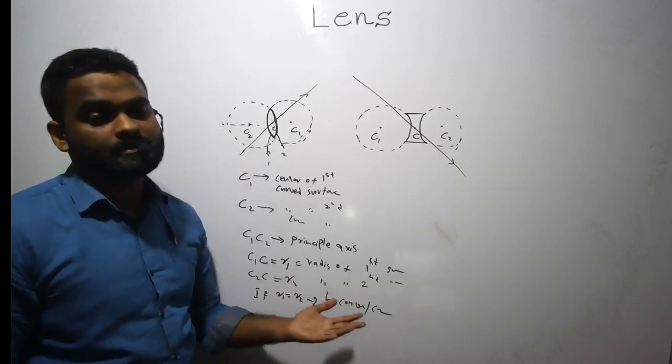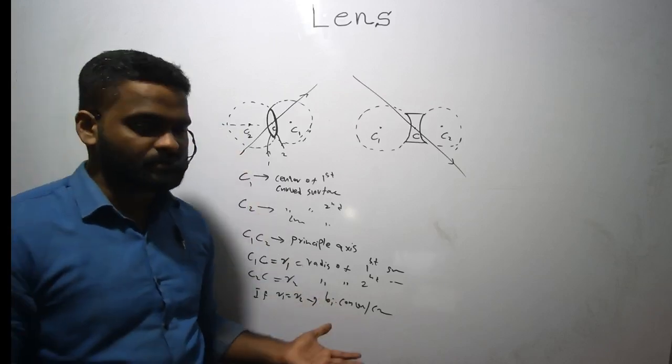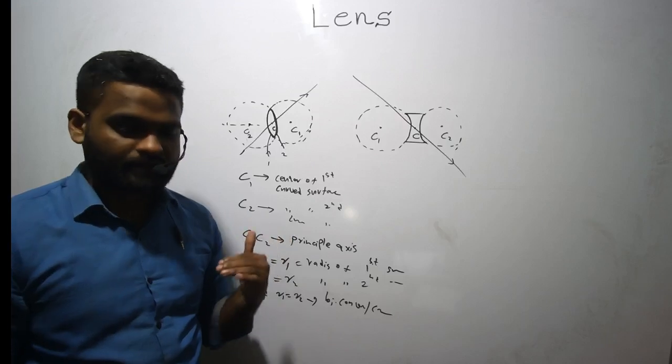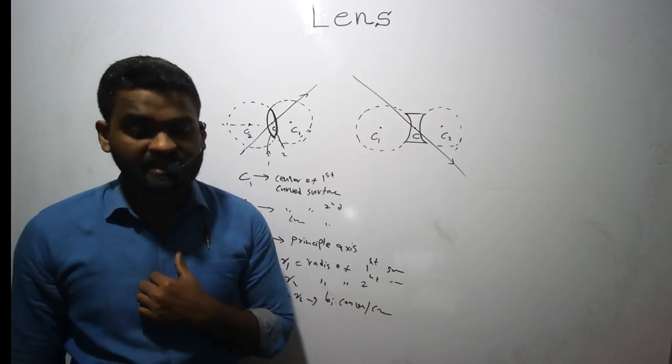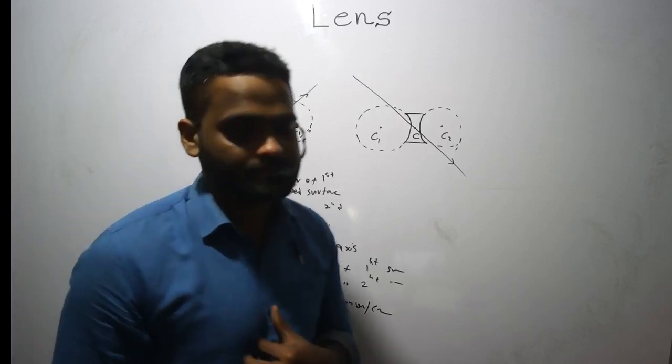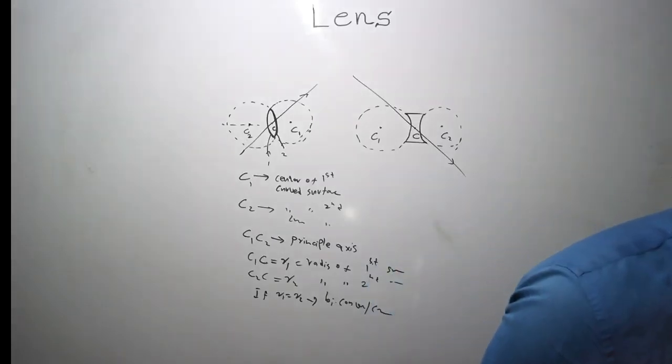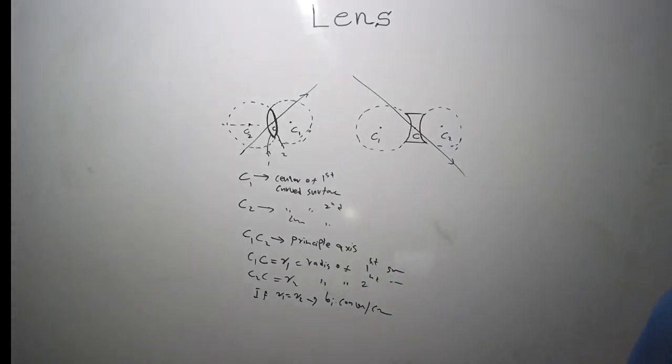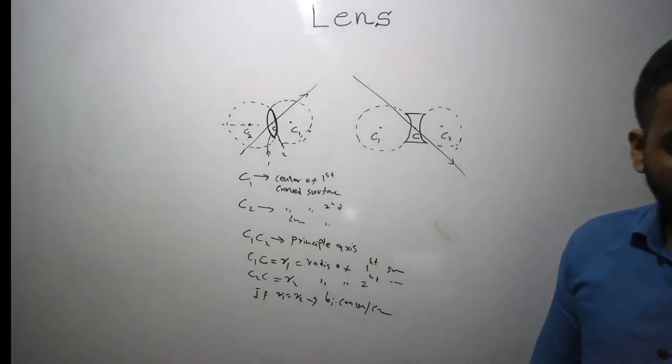So then we say that it is a biconvex or biconcave lens. After this, we will be talking about only biconvex and biconcave lenses. But you need to be able to identify these terms, right? Okay.